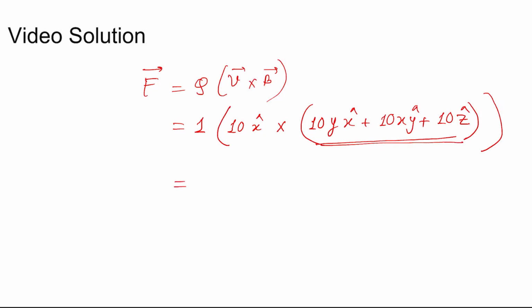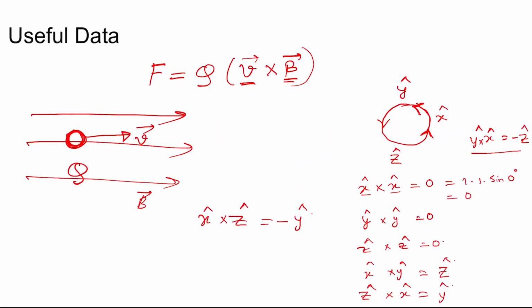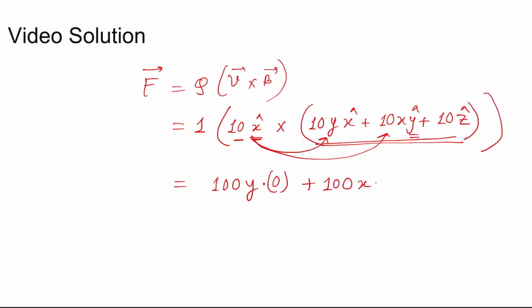Now we solve this: 10 x hat cross 10y x hat, so it will be 100y times x hat cross x hat, which is 0, plus 10 into 10 is 100 x into x hat cross y hat. As per the diagram, x hat cross y hat is z hat, so it is z hat, plus you need to do 100 x hat cross z hat.